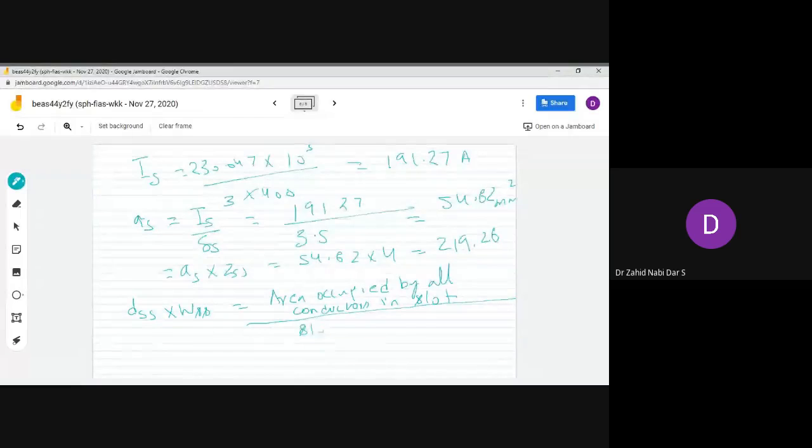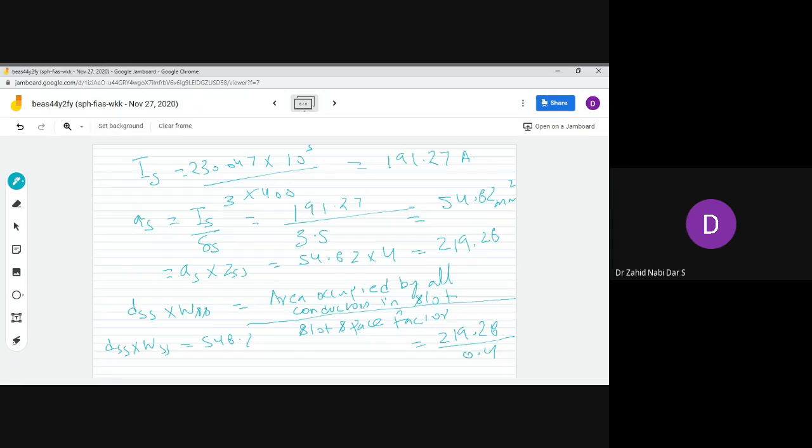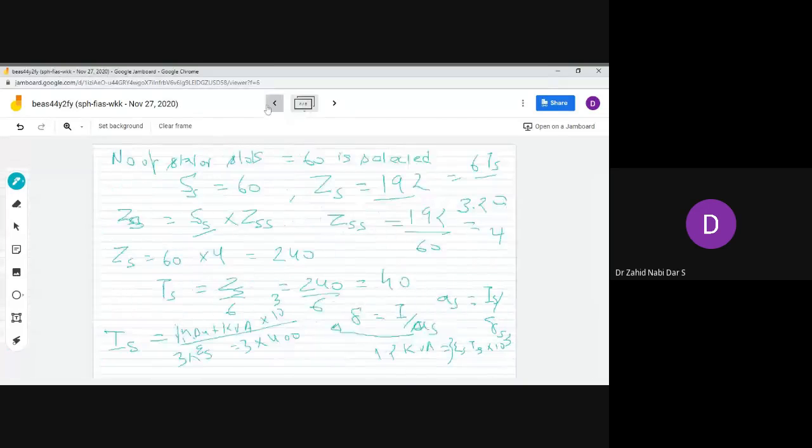So the area occupied is 219.28, and the slot space factor has also been mentioned, that is 0.4. So you get the DSS into WSS value, which is 548.2 millimeter square.